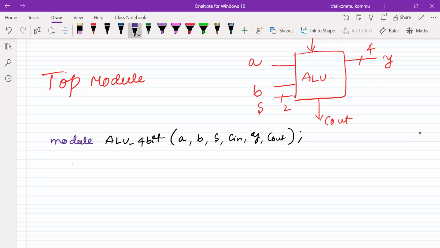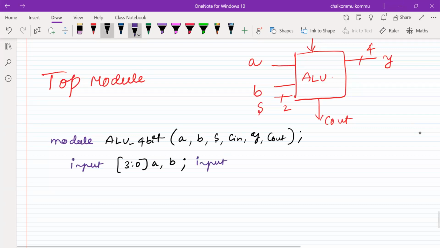So what are the inputs in this one? Input [3:0] A, B. These are only the 4-bit size. Another input size is also there: the carry, and the selection lines. What is the selection line?